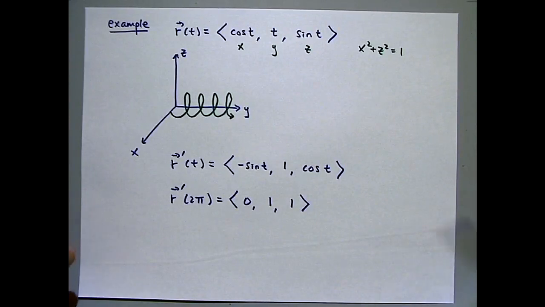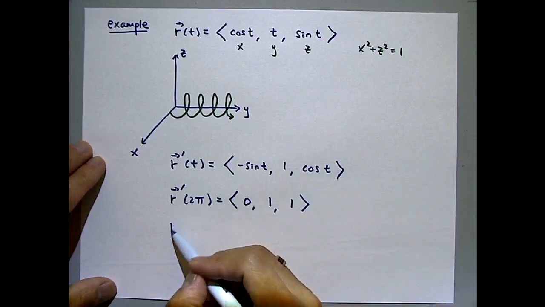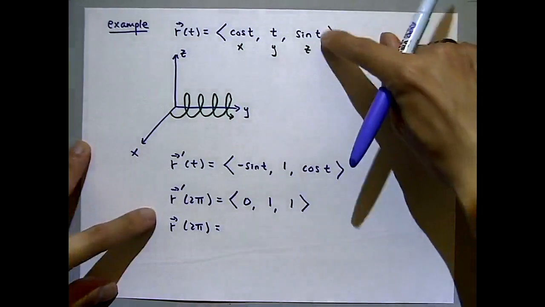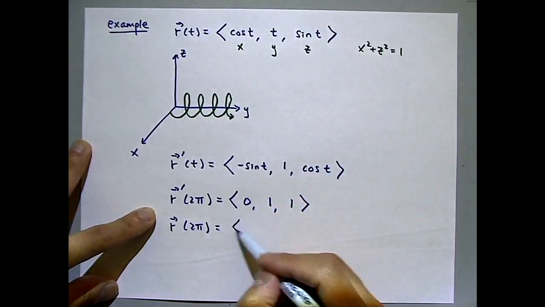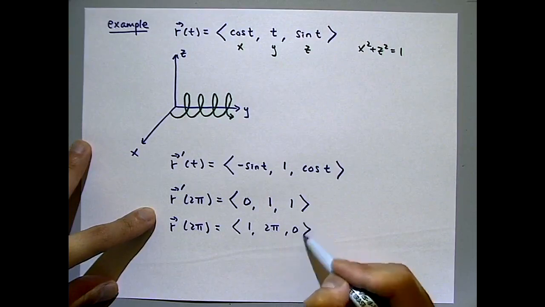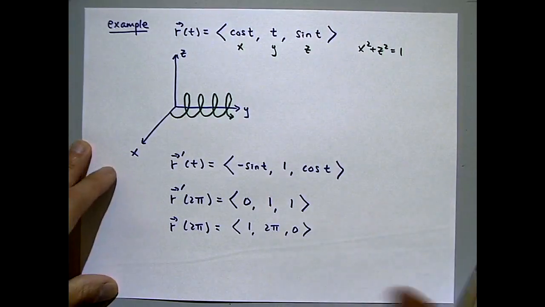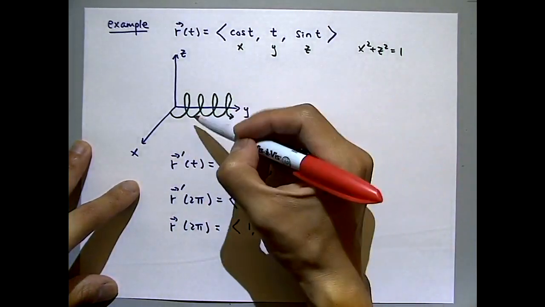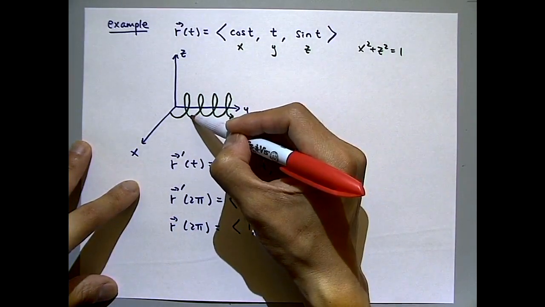All right, so let's figure out where that point is first. The position at 2 pi is 1, 2 pi, 0. So 1, 2 pi, 0 is, let's say, right here.